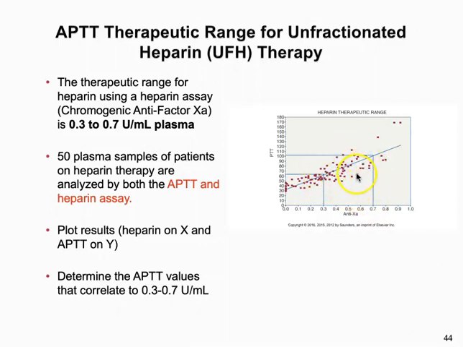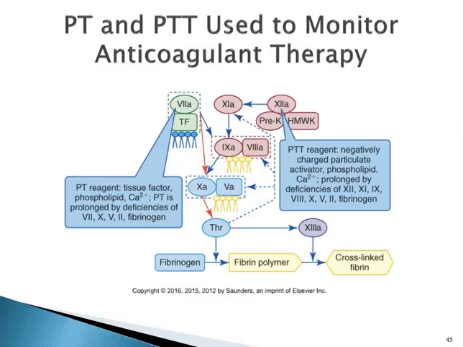And so basically, a therapeutic range for someone who is on heparin can be anywhere between here, like 65 to like 80, 85 or something like that. And so the APTT is going to be slightly prolonged because these patients are on heparin, but it's still within that range that we want them to reach.